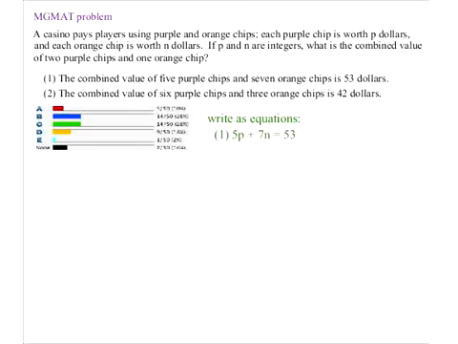The second equation winds up giving us that 6p and 3n is 42. Okay, now, everybody, smiley face if you understand how we got these equations. I'm making some assumptions here, but other face if you don't. If there's enough other faces, we'll talk about it. Okay, we're good on that.